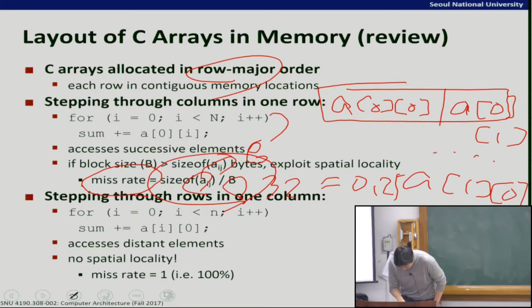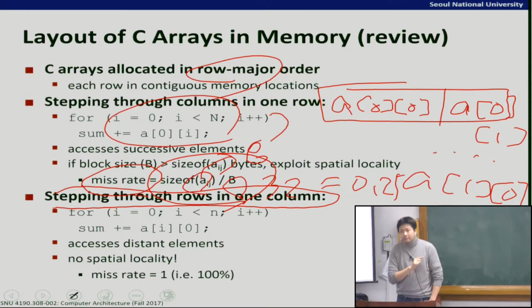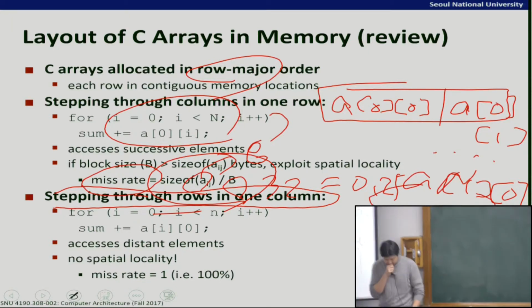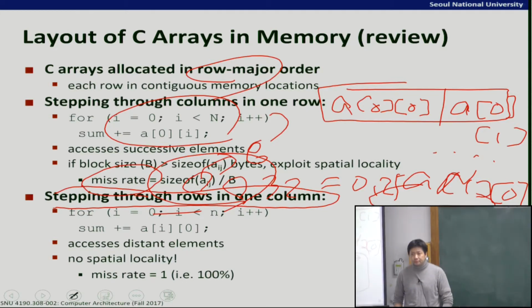So let's think about the other case, stepping through rows in one column. In the previous example, we accessed along a row, but in this example, we now access down a column. And n is very large, a huge value. Then what will be the cache miss rate here?